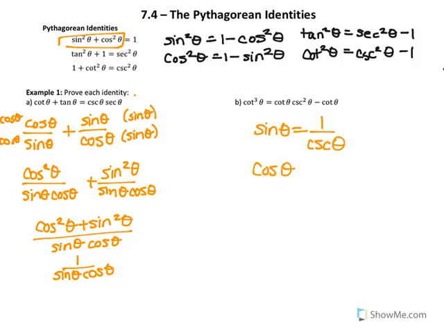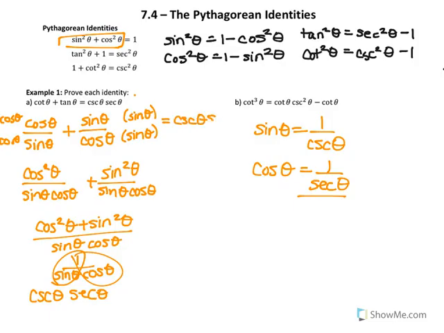Cos theta is equal to 1 over secant theta. So I can change this 1 over sine theta to just be a cosecant theta, and this 1 over cos theta to be a secant theta. And now we are left with what is on our right side, and we have proven this identity.